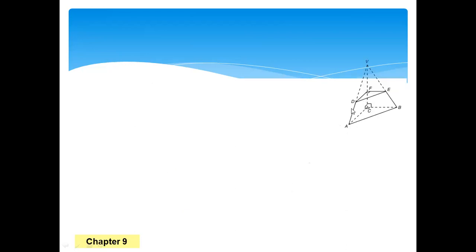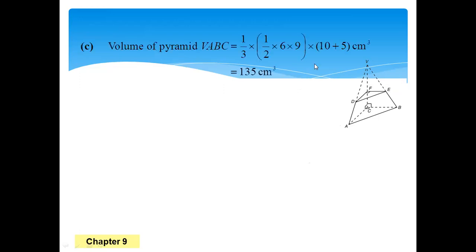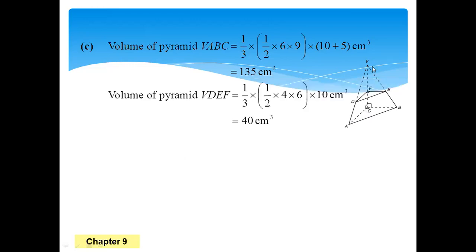Part C, find the volume of this first one. First, find the volume of the larger pyramid. Volume of a pyramid is 1/3 times base area. The base is a right-angled triangle, so it's base times height over 2, times the height of the overall pyramid, 15, minus the volume of the smaller pyramid above.